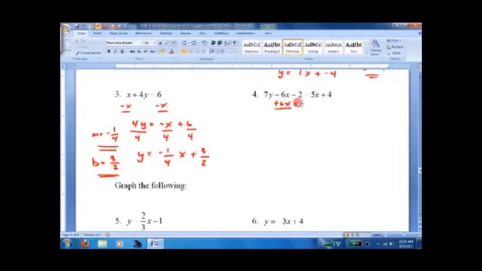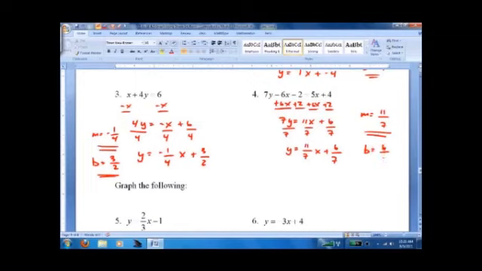Plus 6x plus 2, plus 6x plus 2. 7y equals 11x plus 6, divided by 7, divided by 7, divided by 7. Y equals 11/7 x plus 6/7. M equals 11/7. So if you were going to graph it, you'd go 11 up and 7 to the right. B equals 6/7.